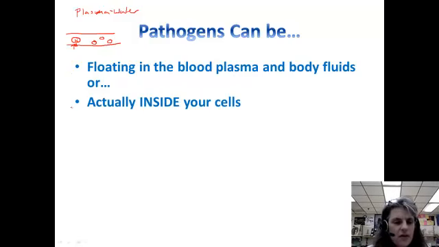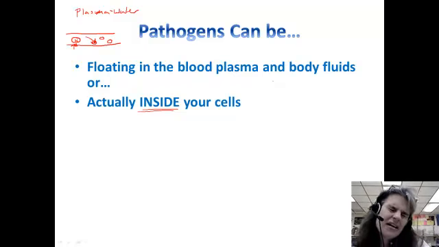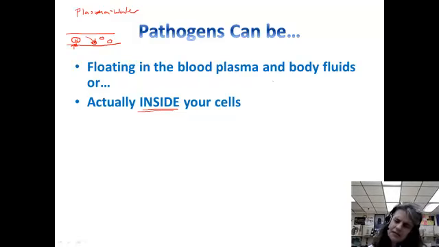But they can also actually hide inside your cells. For example, that's how viruses work. Viruses don't float free out here. I mean, they can do that as well, but they make their living by going inside your cells, not blood cells, and taking over your cell's machinery to make more virus particles.